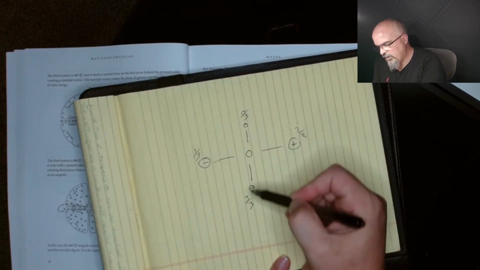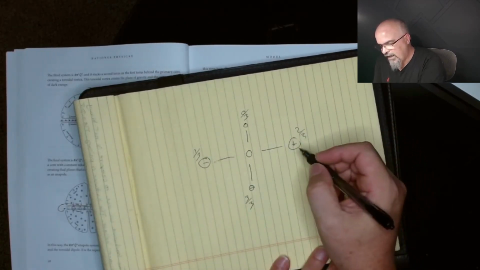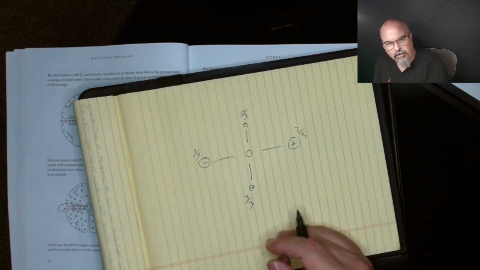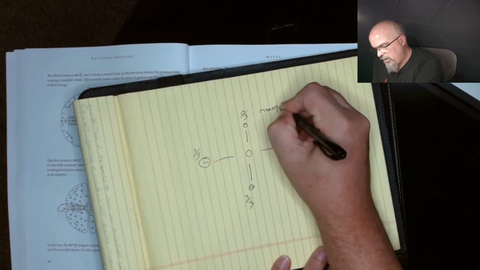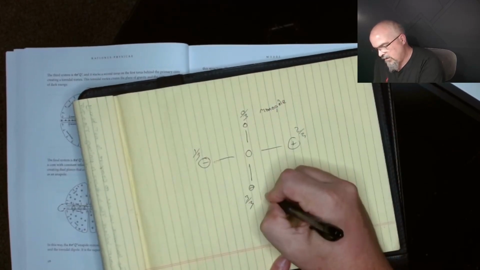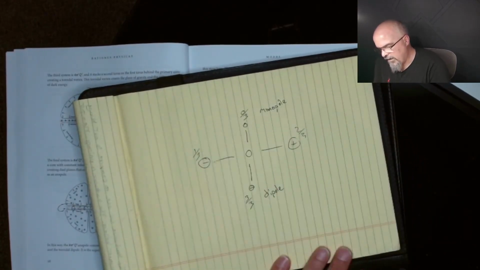Polarity is 0/3 and 3/3, 1/3 and 2/3 is charge. And the way that this comes out when you look at an orbital field is that this is monopole, this is dipole, and this is positive and negative charge.